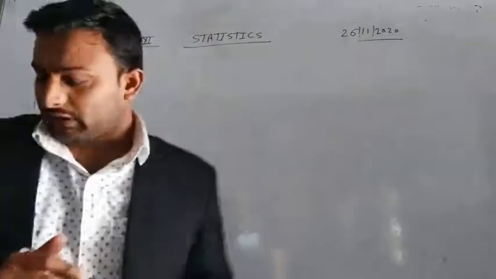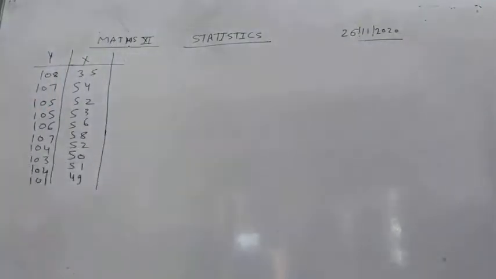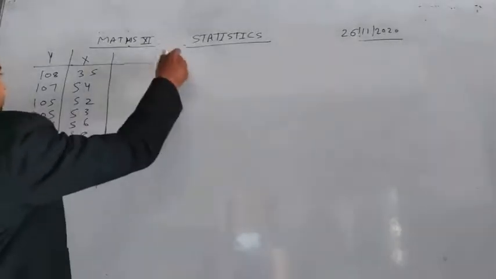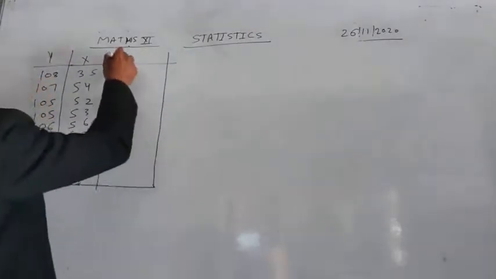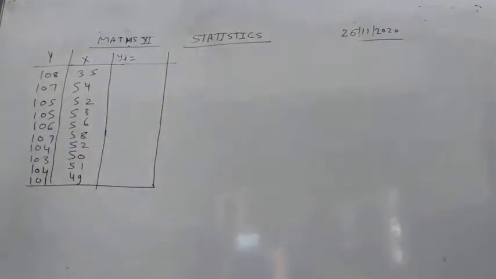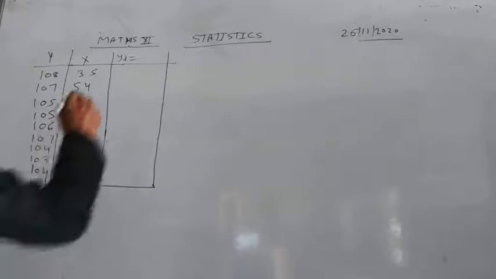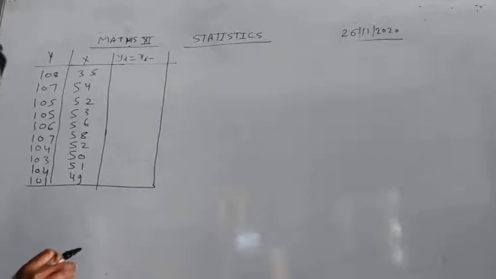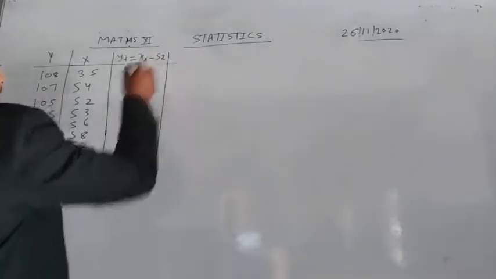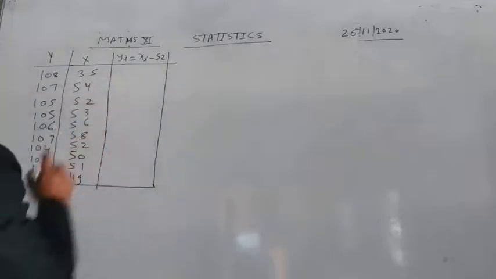So first we will find our coefficient of variation for share X. For share X, we will make yi, which will be equal to xi minus 52. So assume the mean is 52, and subtract 52 from each value.